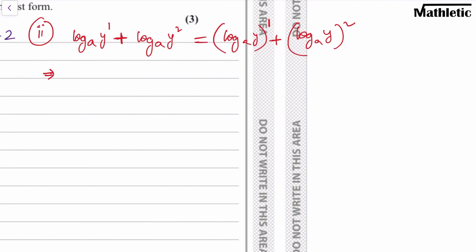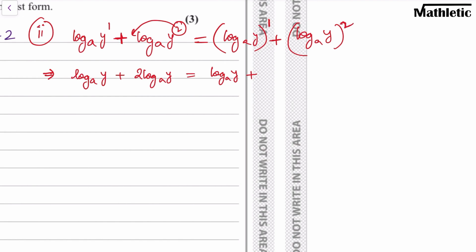try to shift all the log at the left side, but let me just take this 2 at the very beginning, so it just becomes 2 log_a y. This one is log_a y.